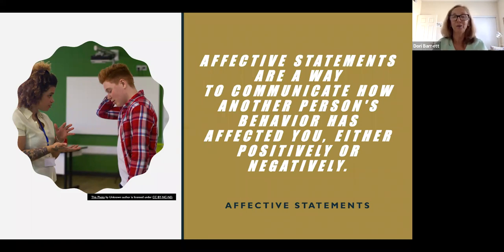So often when somebody says something that harms us, the wrong way to respond is to say something like, oh, you don't know what you're talking about, or you're always late, or you're always disrespectful. That pushes people away. It doesn't build relationships. So we want to be able to communicate about another person's behavior, especially when they've caused harm, in an effective way.